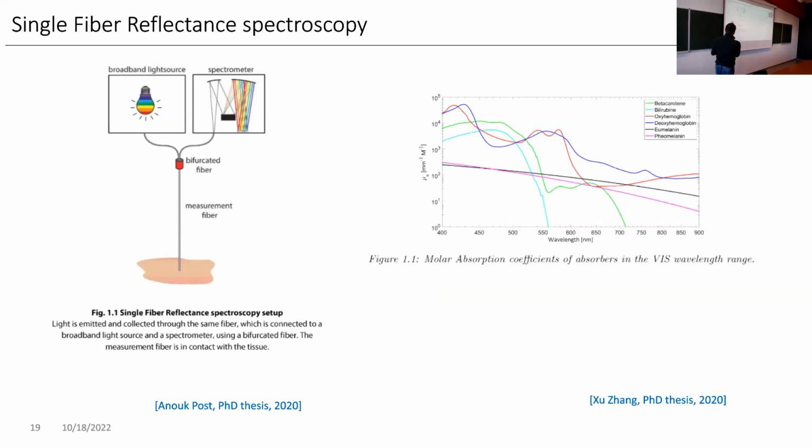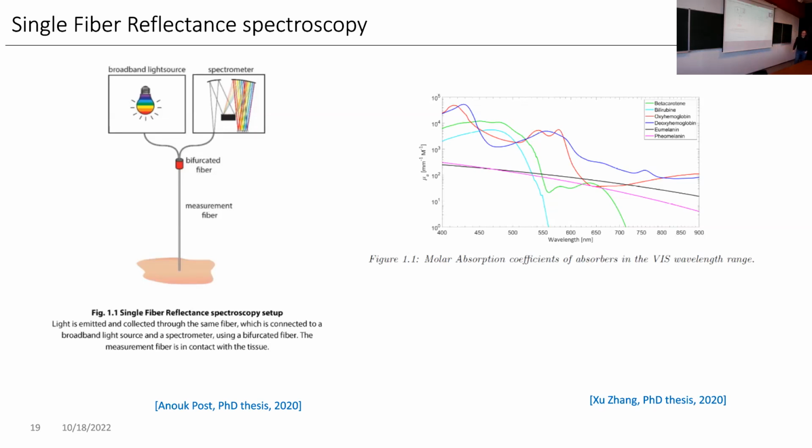So what will we measure? Of course, we have the characteristics of the light source that we can calibrate beforehand, and then we have all kinds of constituents in the tissue that will determine how that spectrum will be modified. This is a pretty extensive list of what you can encounter. There are the usual suspects like oxyhemoglobin and deoxyhemoglobin.